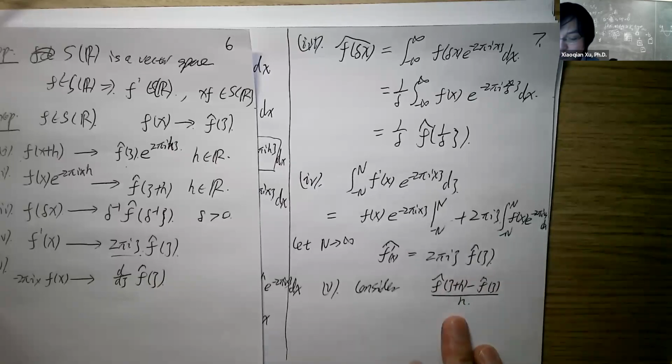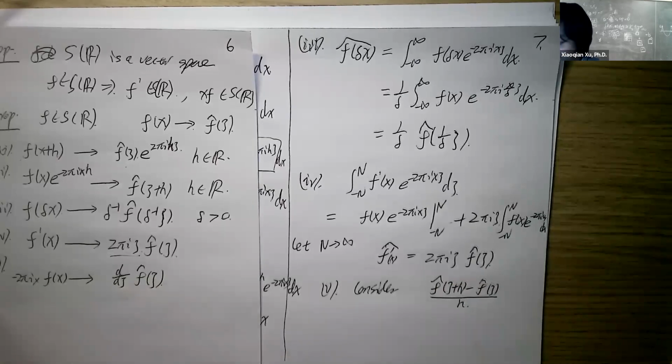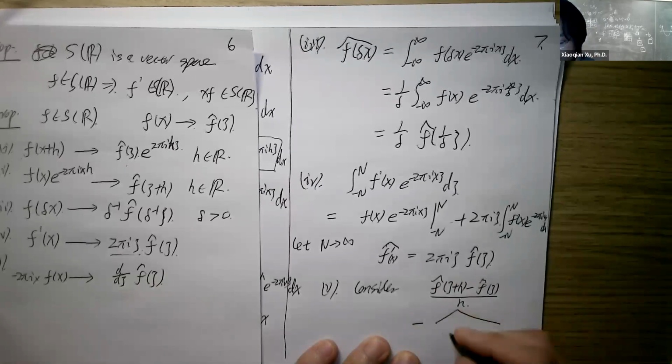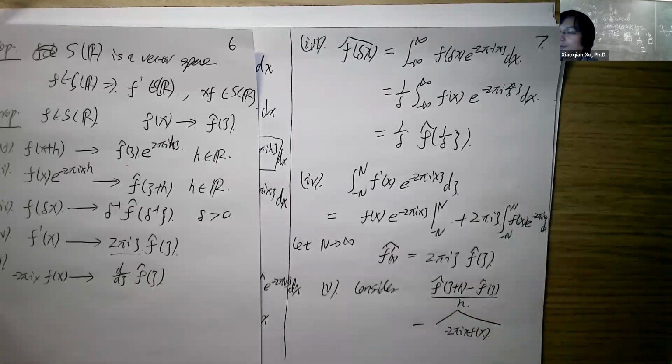You can see that when h tends to 0, this will tend to the derivative of f hat, and minus the Fourier transform of minus 2 pi i x f(x). If we can show that when h tends to 0, this expression tends to 0, then we are done, right? We only need to show this.